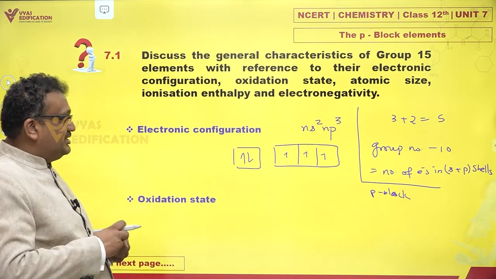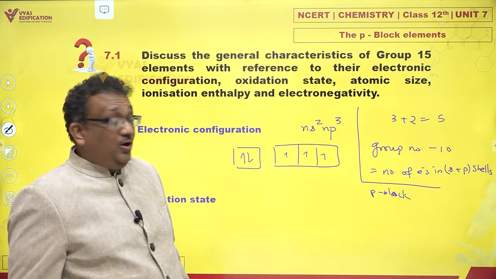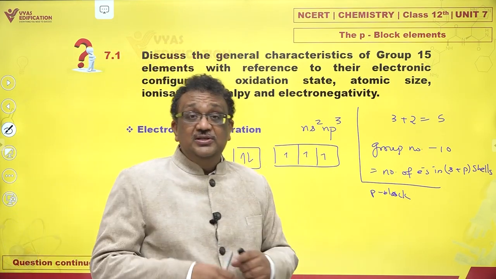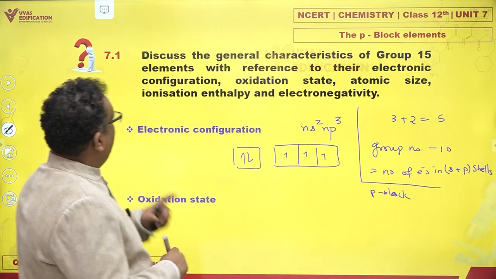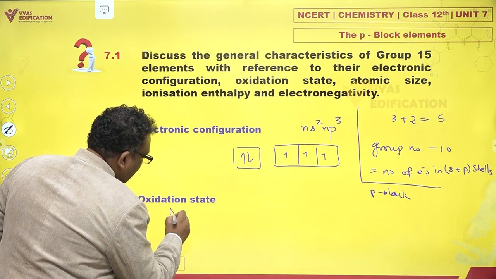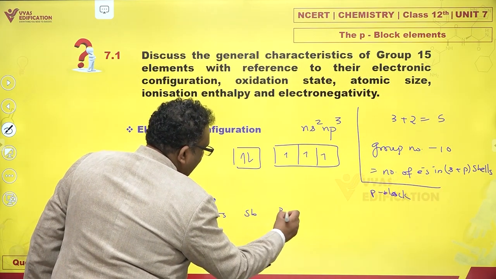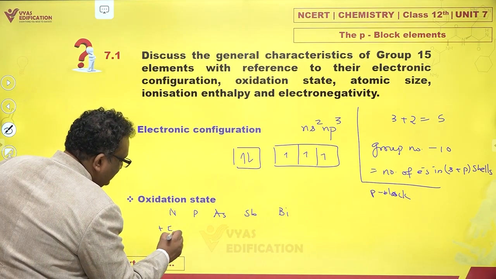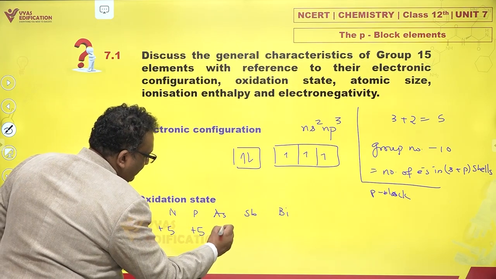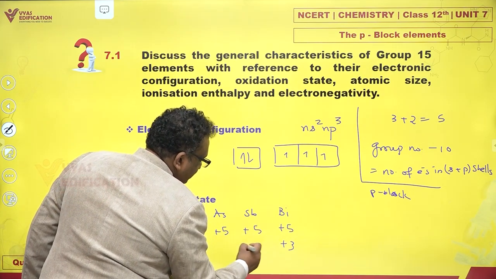What about oxidation states? Oxidation states are again very interesting because it has 5 valence electrons. One common oxidation state is plus 5. So you have nitrogen, phosphorus, arsenic, antimony and bismuth. Do all of them show plus 5 state? Yes, all of them do, and not just this.